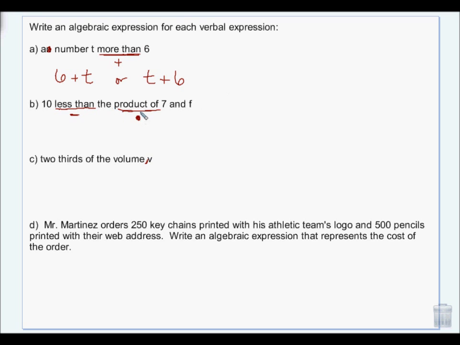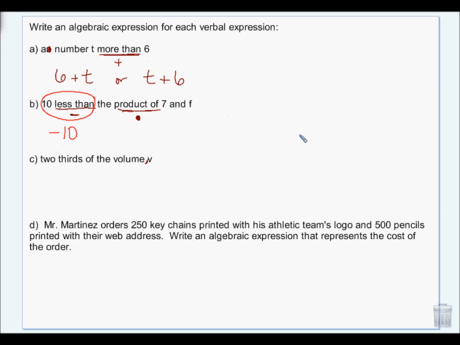Now, when you see 10 less than, this does not mean 10 minus. This means minus 10. So I want to put that over here. Whenever you see that, it means minus 10. So if you had 5 less than, it would be minus 5. It's the only one that goes backwards. Like here I can do t plus 6, but here I have to do something minus 10.